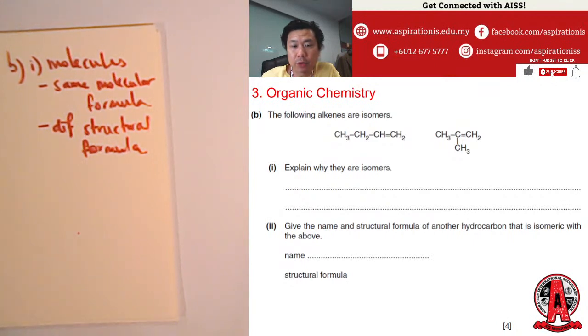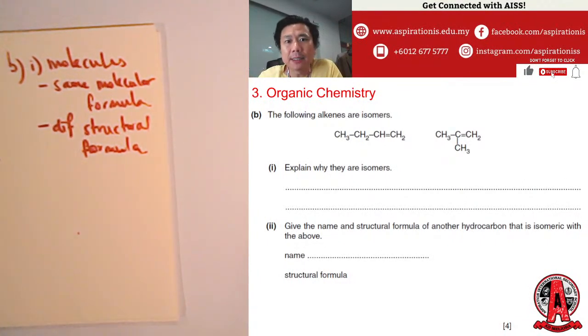Give the name and structural formula of another hydrocarbon that is isomeric. Remember, you are given two isomers there, and the second isomer is very complicated. We did this exercise in class.